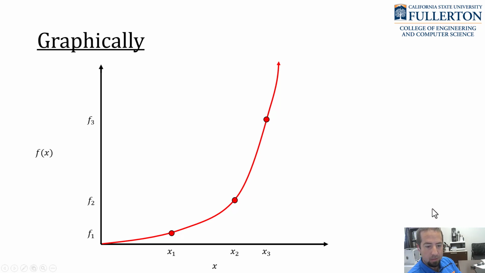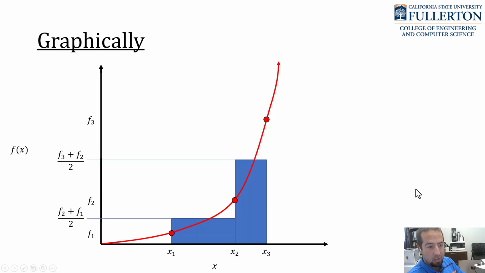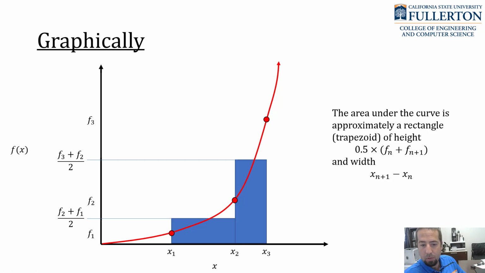Graphically, this would look something like this. We have some curve f of x, and we've got 3 points identified on it. The series breaks down into a series of rectangles, and those rectangles have the height of halfway between, essentially the average between two successive points in f, and a width of the span between two successive points in x.